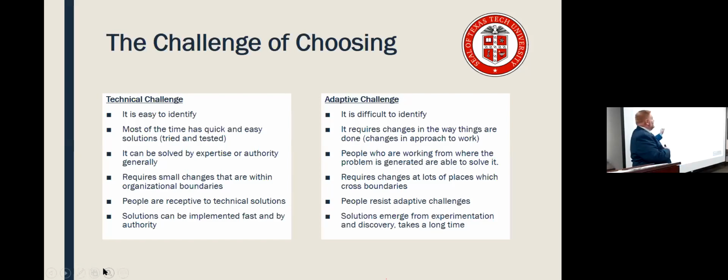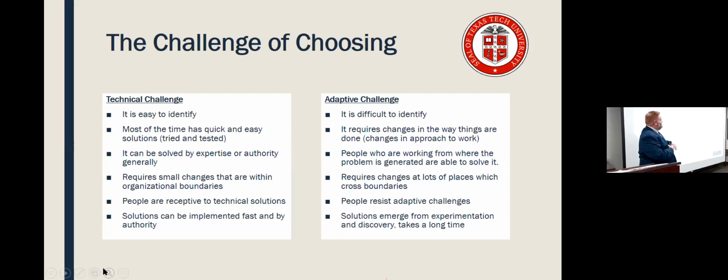Now, when we consider adaptive challenges, again, this is where change comes in. It's sometimes difficult to identify the root of the challenge, especially on some of these larger, broader social issues. In human trafficking, that was a good example, so I'm going to use that. If we think about human trafficking, it's difficult to identify the root of that problem.